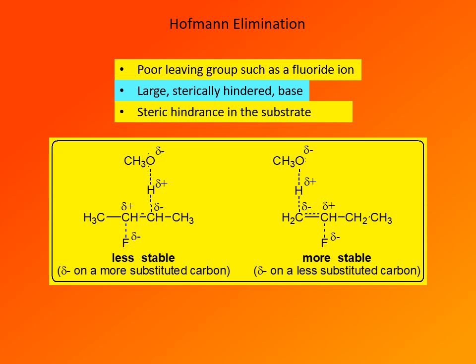And so in this case, the carbanion-like species, carbon with developing negative charge, is going to be more stable if it's less substituted. And that's, in this case, primary, as opposed to the situation on the left where it's less stable, it's secondary. So with fluoride as a leaving group, or a poor leaving group in general, Hofmann elimination, or formation of the less substituted alkene, is preferred. And the reason is electronic.